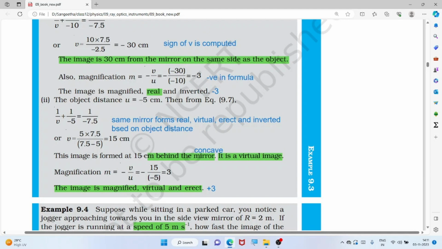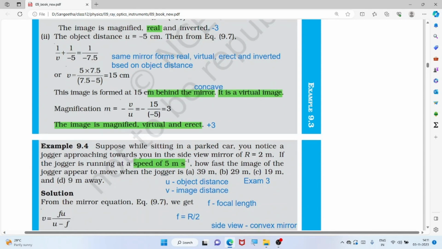Magnification is negative, which means the image is inverted. It is real because it is based on the rays actually meeting. In the other case, the magnification is positive, so the image is erect.